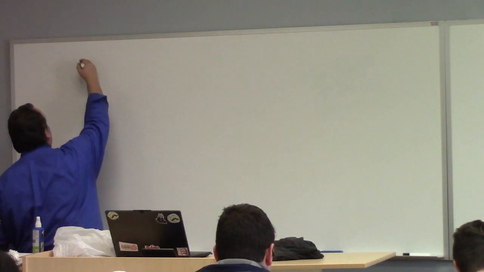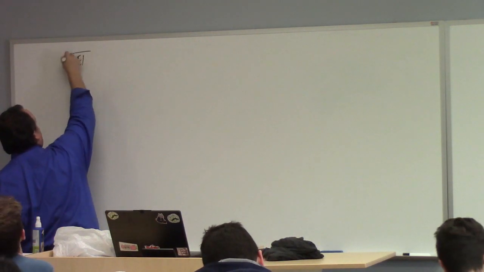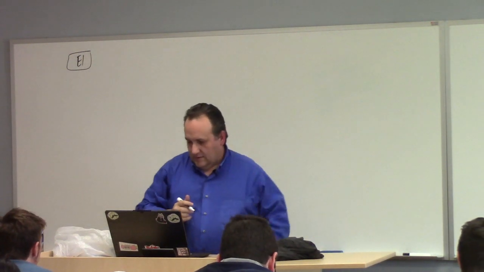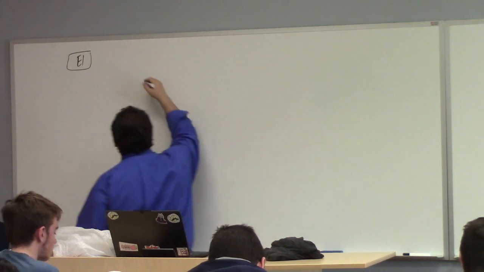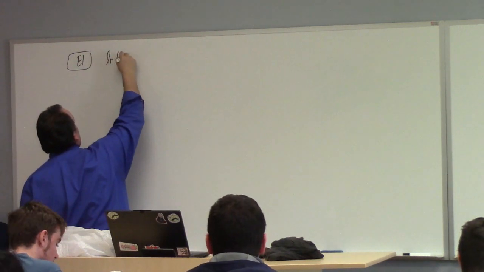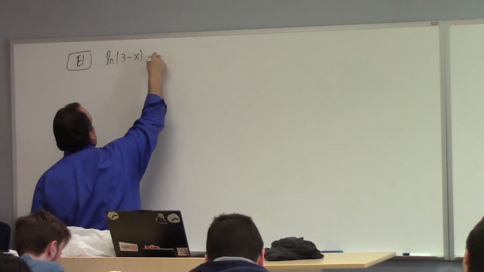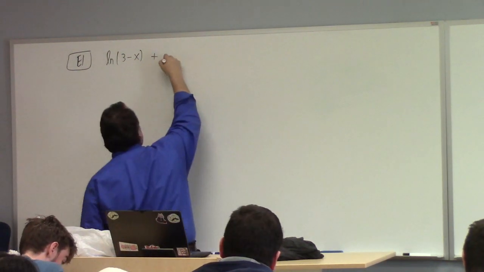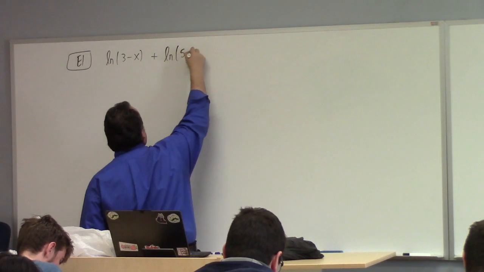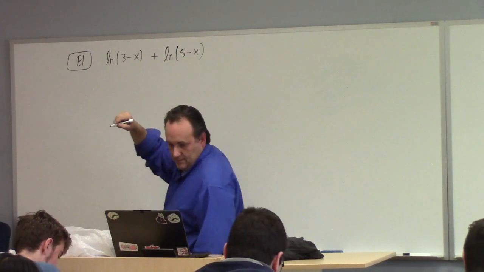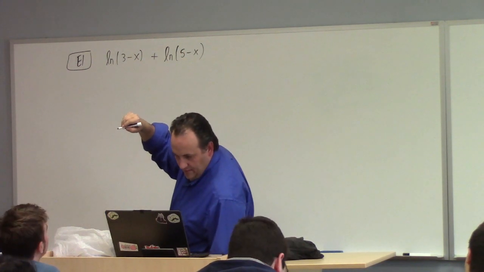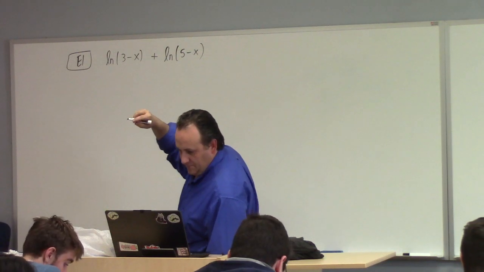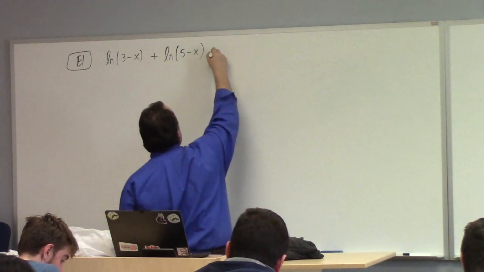Example 1. Let us see if we can solve the following equation: natural log of 3 minus x plus the natural log of 5 minus x equals the natural log of 50 minus 6x.